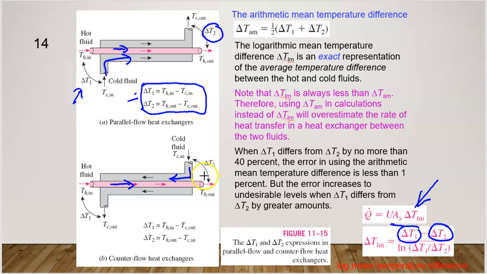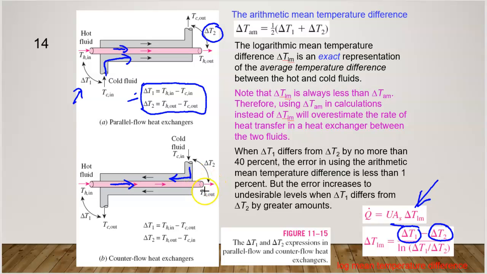Because of course the aim of this heat exchanger is to reduce the temperature, so it's supposed to focus on the hot fluid.